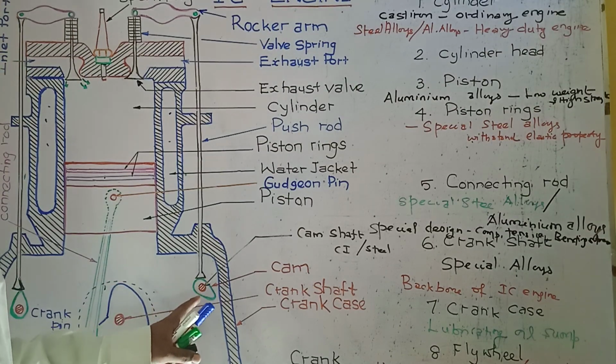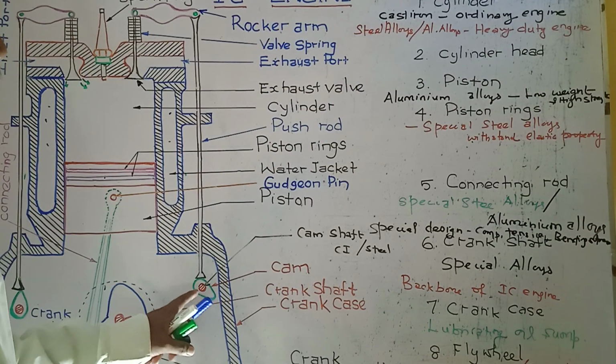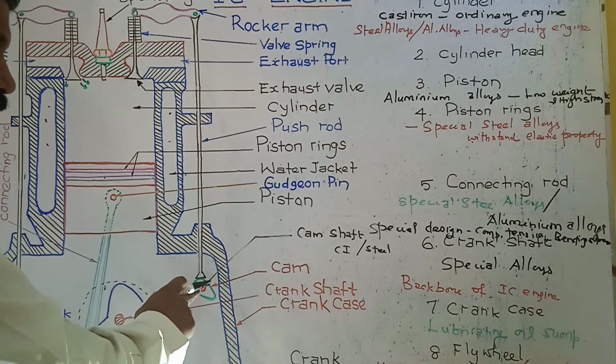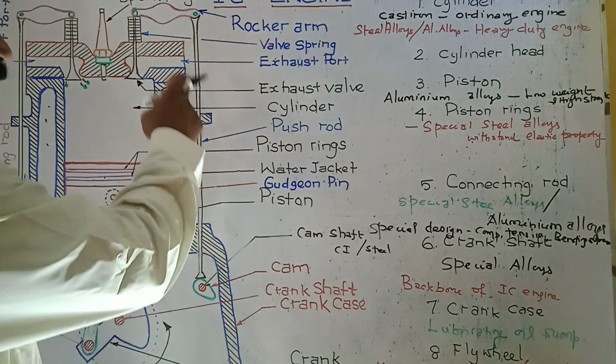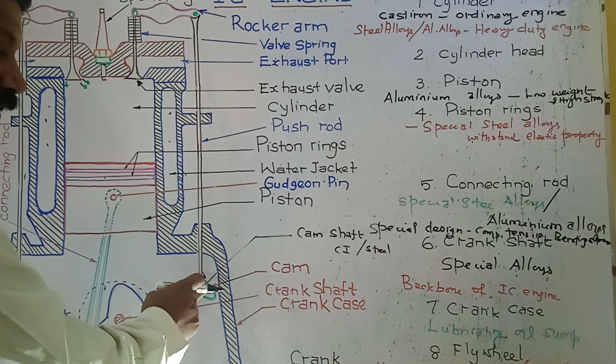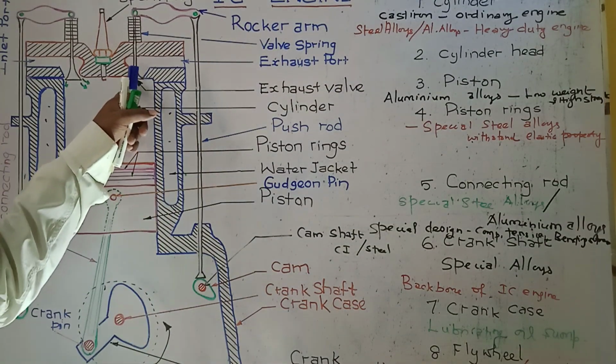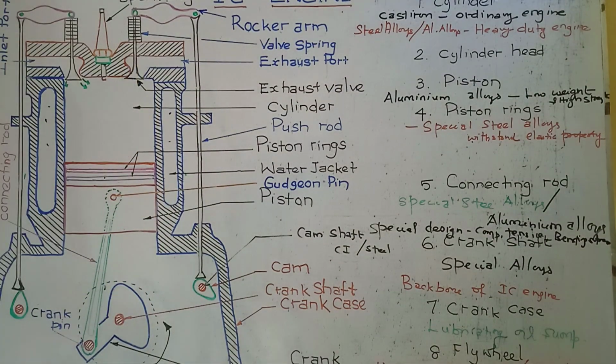The projected part in the camshaft is known as the cam, which is used to convert the rotary motion to reciprocating motion. It is used for opening and closing of the inlet and exhaust valves.